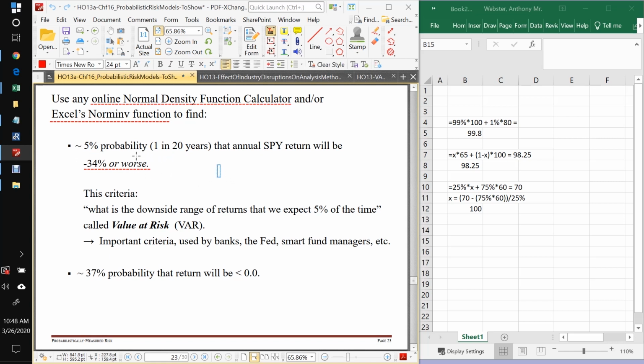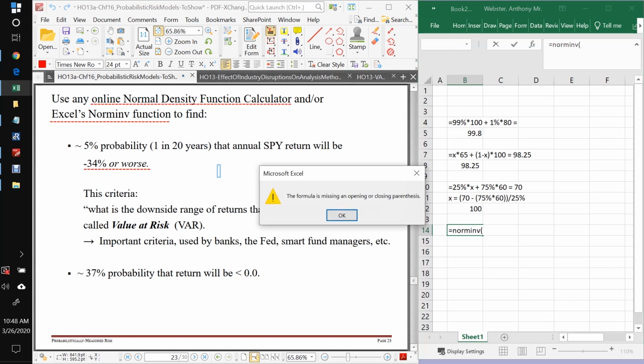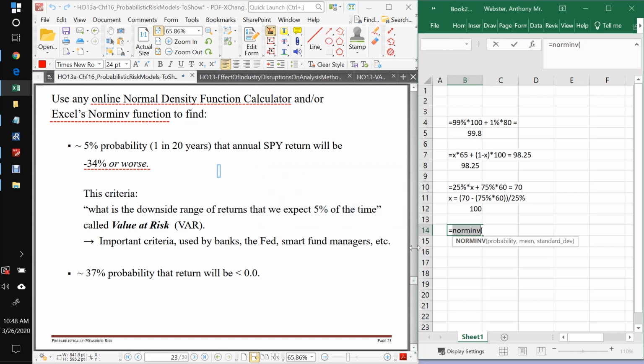So let's see how I got to that using the norm inverse function in Excel. I'm going to say norm inv, and I need to make it the real deal here. Hold on just a second. There we go. That's what I'm looking for, the little helper down here.